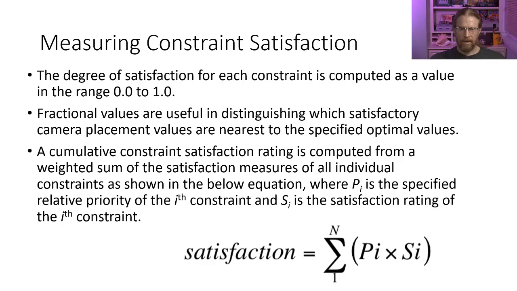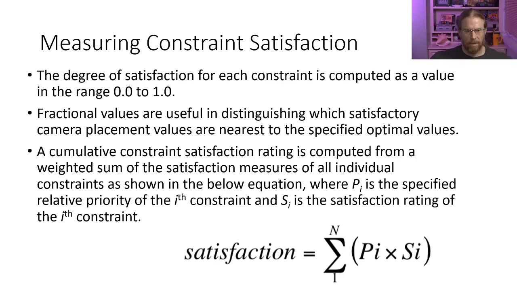Now, in terms of measuring constraint satisfaction, we need a metric to perform this. And so this is kind of similar to our case-based reasoning matching of cases. So we have a degree of satisfaction for each constraint, and it's computed over a normalized scale. That way we can easily compare these.